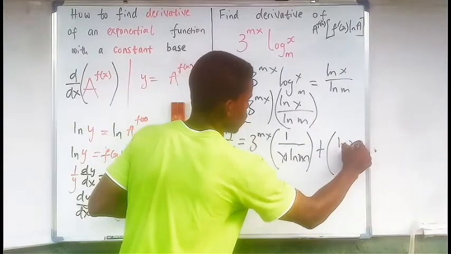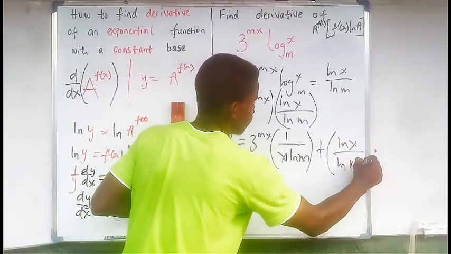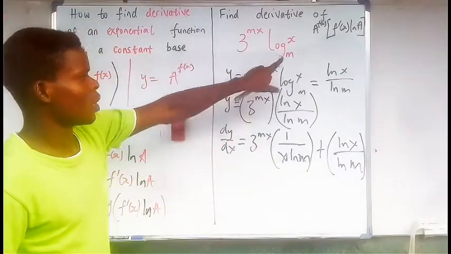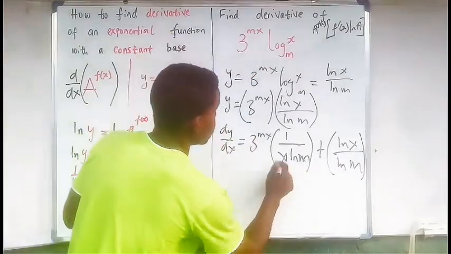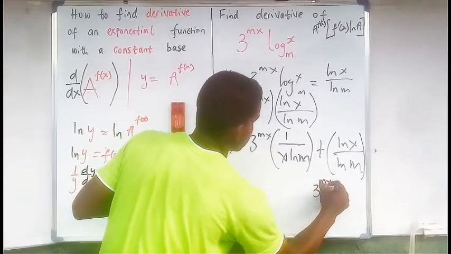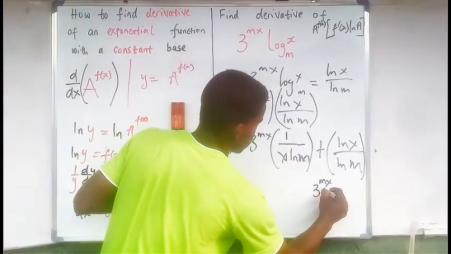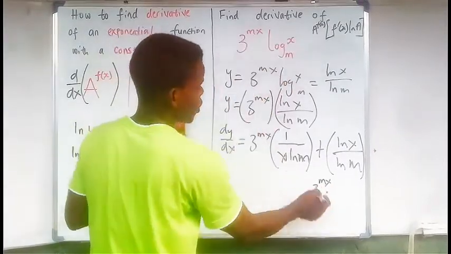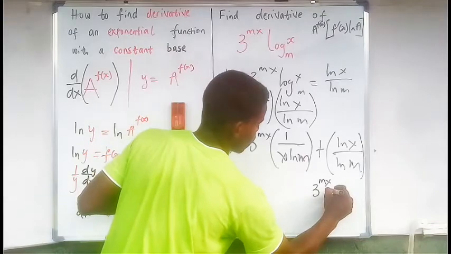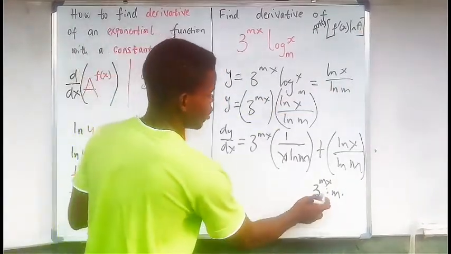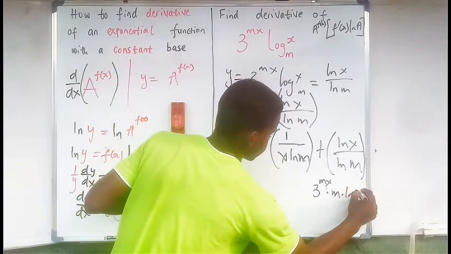Ln x over ln m times the derivative of this here, let's apply this. That would become everything there, 3 to the power mx times f prime of x. Where f of x was just the power, so f prime of x is just m times ln of a. Ln of a is the ln of the base, which is ln 3.